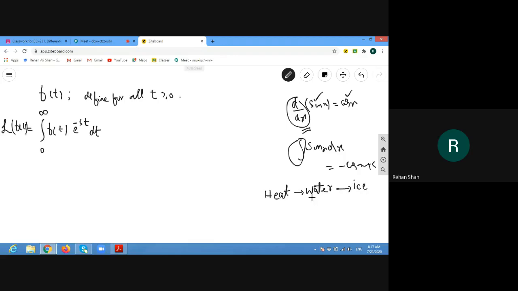It means the behavior of water changed to ice. It means heat changed the behavior of water into ice. It means heat is a transformation. So transformation means if it changes the behavior of a material, if it changes the behavior of a function, this is called a transformation.